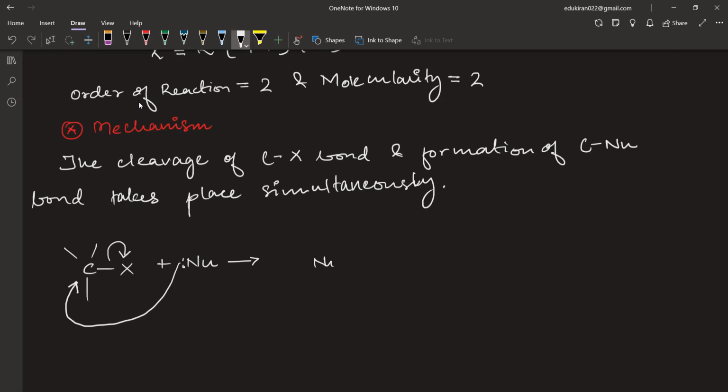You're having the nucleophile just forming a bond with carbon, and this bond is breaking with the halogen, and the 3 groups are attached like this.